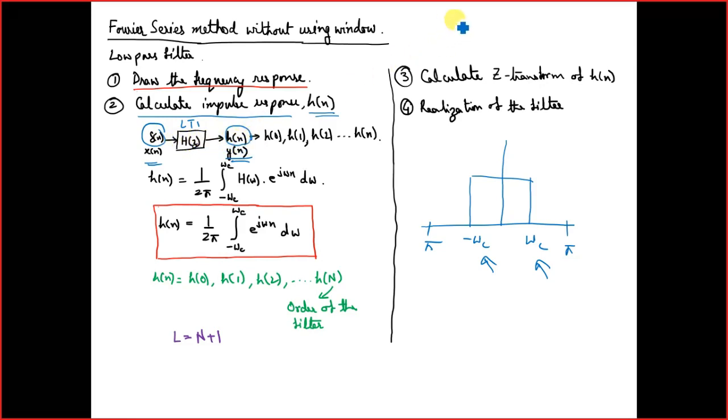So unit impulse means at n equals 0 we have an impulse input whose area is 1, and at all other time indices 1, 2, 3 we have a value of 0.